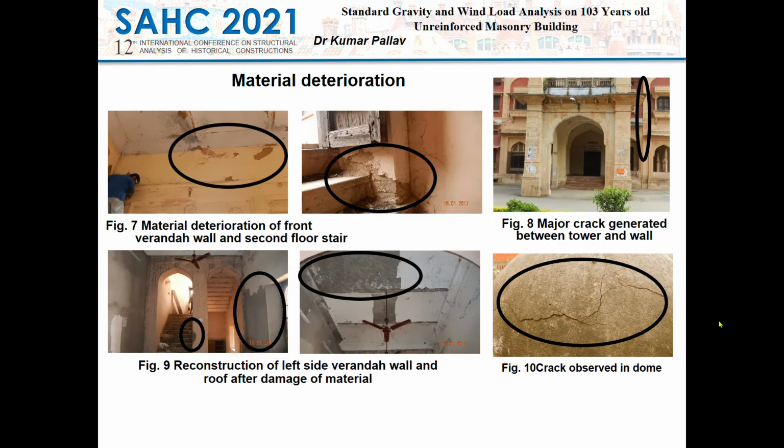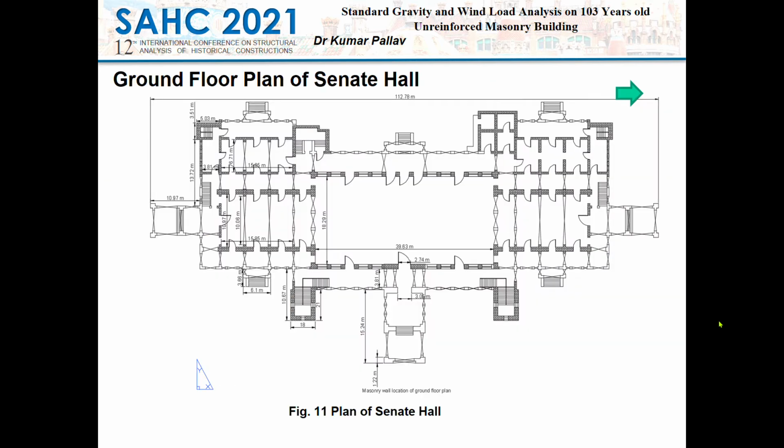The next slide shows figures 7, 8, 9, 10, which show the deterioration in the building, and minor cracks of approximately 1 mm to 5 mm are visible on the masonry wall, stone facade, crown of the arches, and connections of the ground floor. And major cracks of approximately 5 mm to 20 mm are also seen.